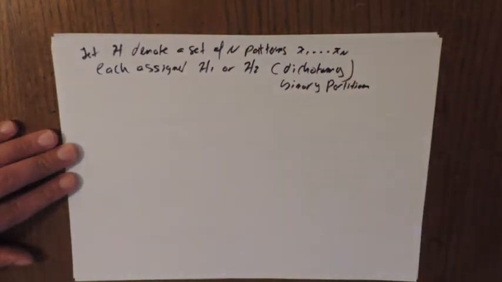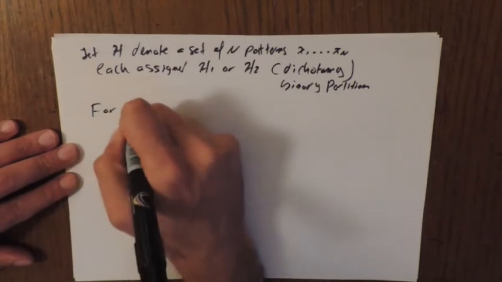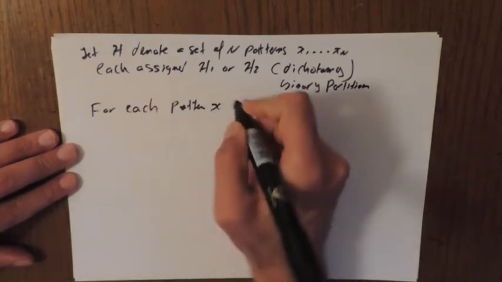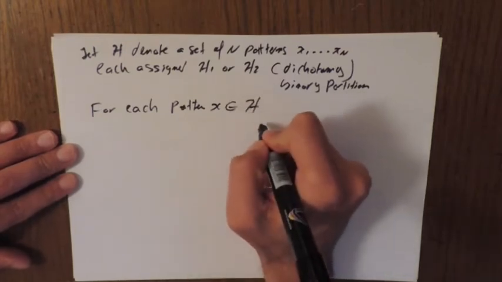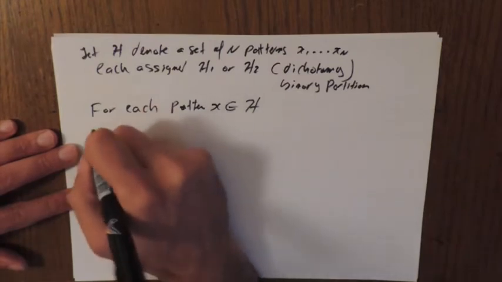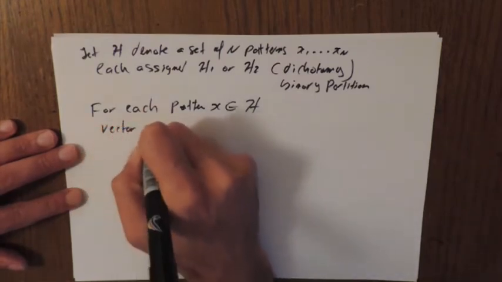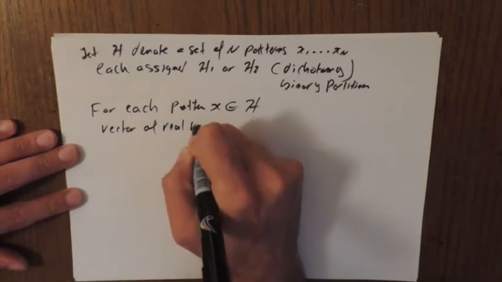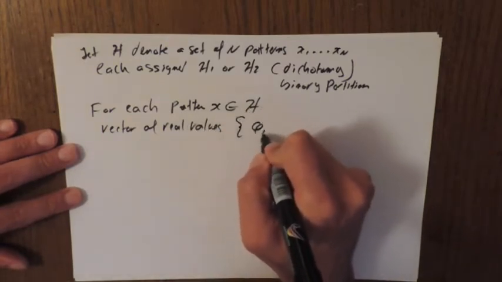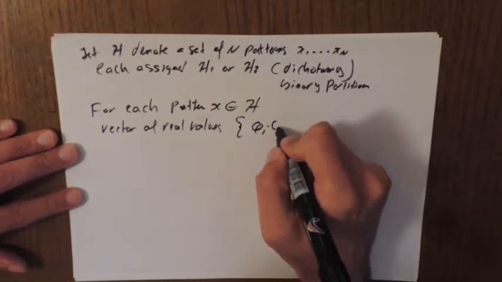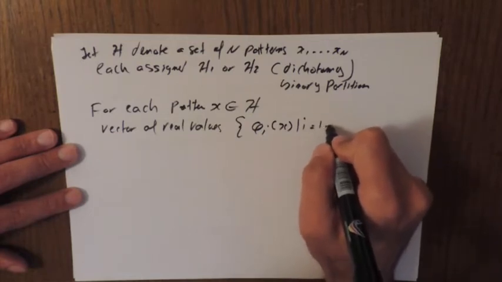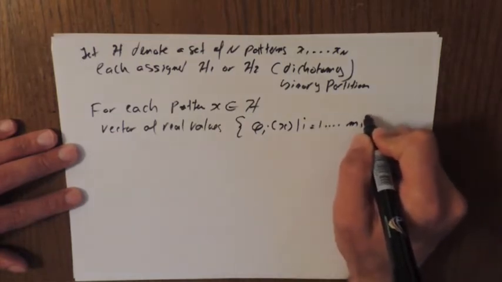Alright, so for each pattern x belonging to H, we have a vector of real values. We're going to call it phi i of x, where i goes from 1 to m1.